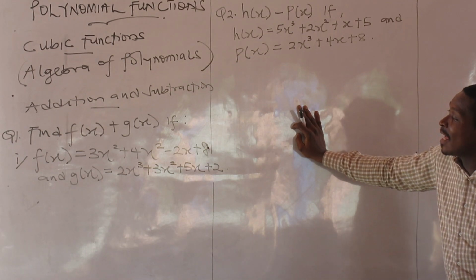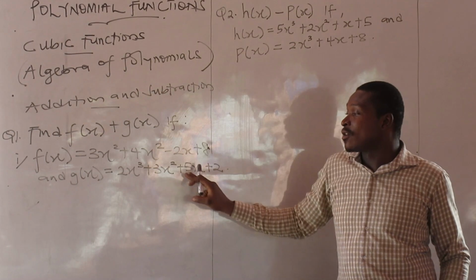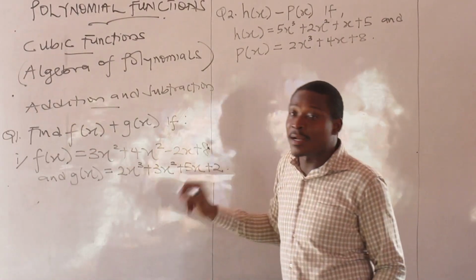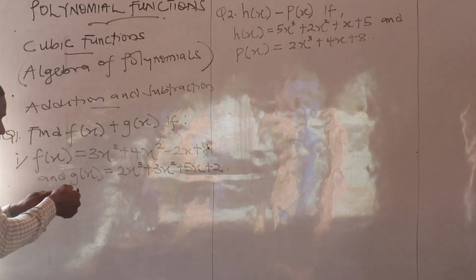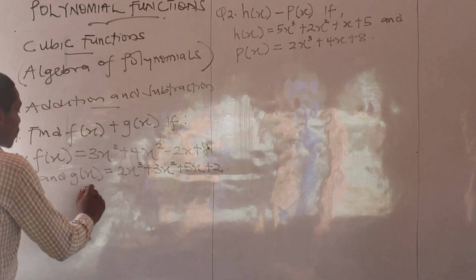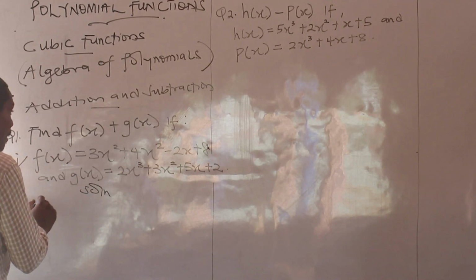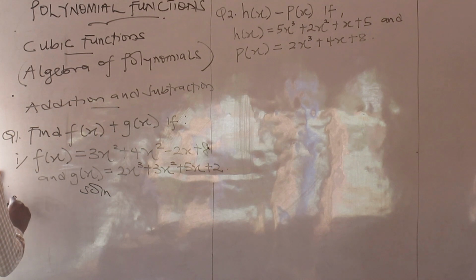So I have f of x function, g of x function. So next, find f of x plus g of x. If f of x is this, g of x is this, right? So let's look at this. So solution to this. Now the easy way for me is to do this.